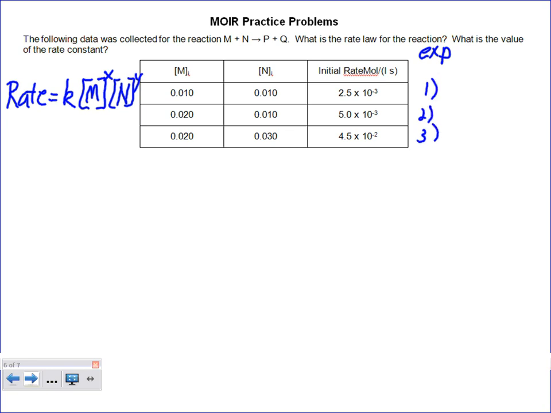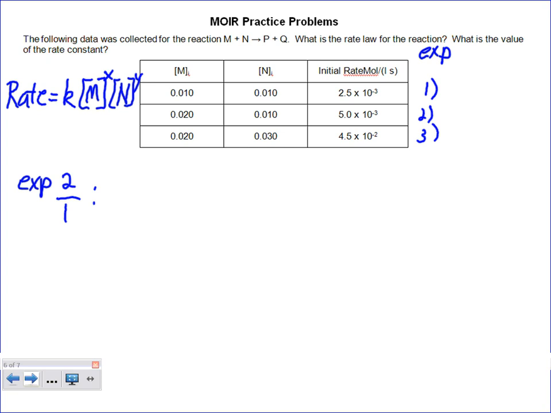The first thing I might look at is experiments 2 and 1, and I notice that N happens to be the same. So in that case, I can determine the order of reaction for M. It sure makes my math a lot easier to put the larger number on top and the smaller number on the bottom, and I'm talking about my concentrations and my rates.